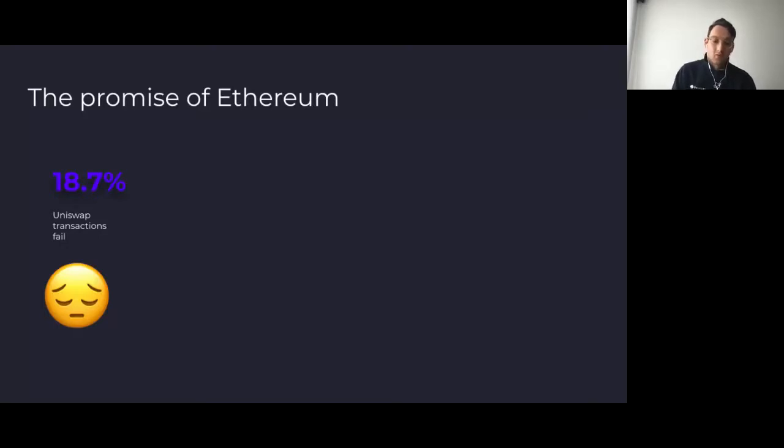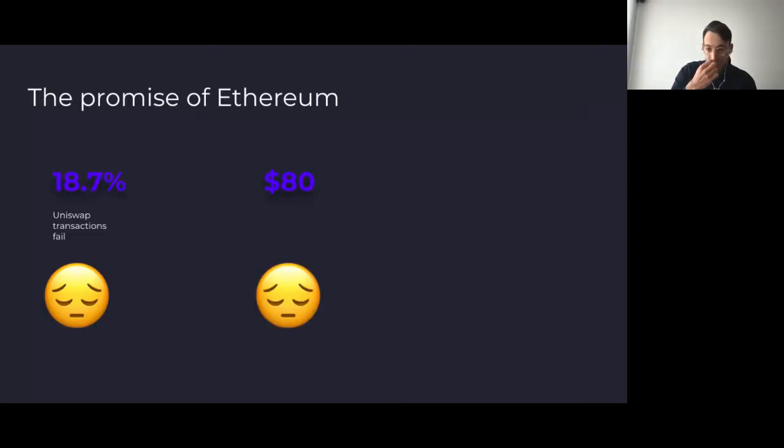About one out of 5 times, if you're trying to make a swap on Uniswap or other products, I'm not singling them out, it's the same across the board, that will fail. So you pay a bit of money in gas, your transaction will fail, the market will have moved, and you're out. For people coming from traditional products, that's very strange and not a great user experience.